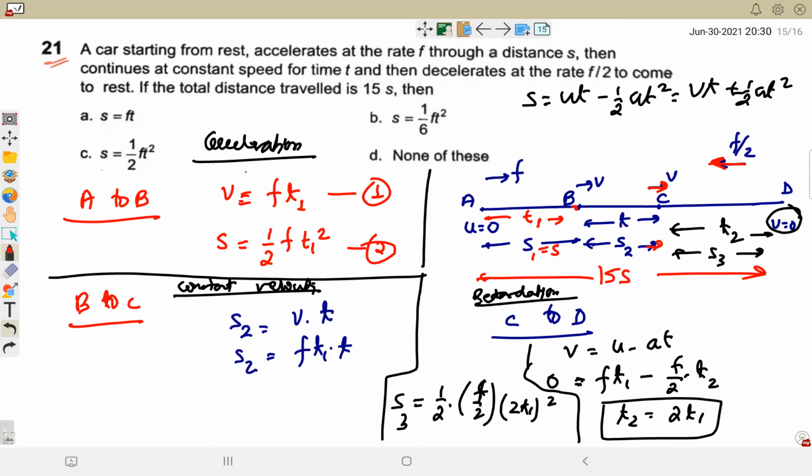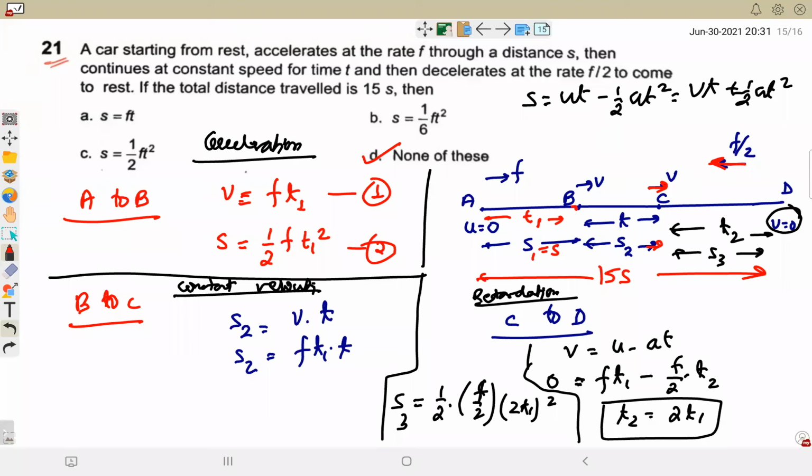Check this question once again. If you understood, fine; if not, I'll explain it again. I'm taking little challenging questions. So what will the answer be? D, because f t square by 72 is the answer, and it is not given here, so none of these will be the answer in this particular question. In the exam, one of the options was given as f t square by 72.